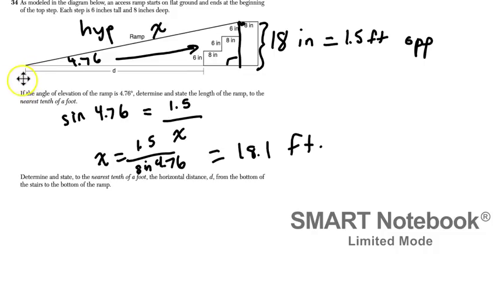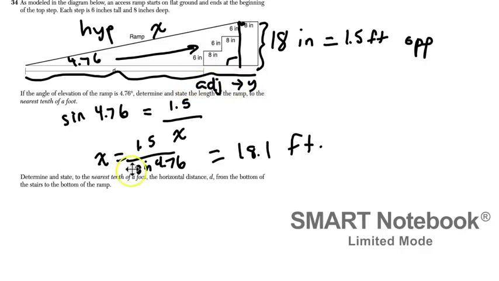And now I want to figure out the horizontal distance. So I want to figure out that distance. I can't set up an equation straight away for that. But I can find this entire distance because this is my adjacent.